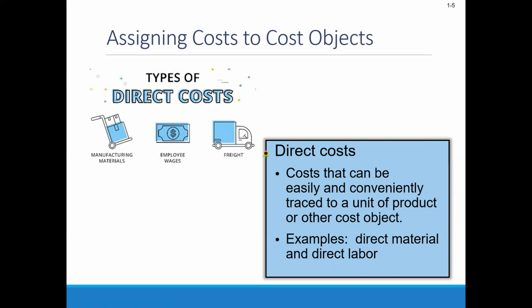An automobile has, excuse my ignorance, I'm assuming that's steel. Sometimes you think it's just plastic, but I think it's steel, right? You can determine fairly easily the specific direct materials that go into that automobile. And the direct labor would be those individuals on the assembly line. Those are literally direct costs that go into making that product.